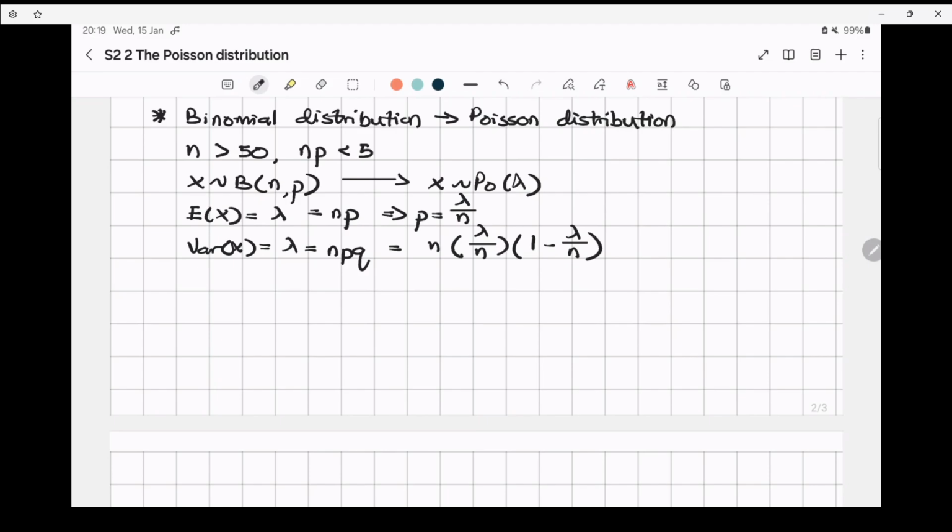Okay, so now you want to test that when you take the limit for n approaches infinity, this particular variance will actually become closer to lambda. So the left side will be equal to the right side, which is the Poisson distribution. So this will be equal to, this n can be cancelled off, lambda times (1 minus lambda divided by n).